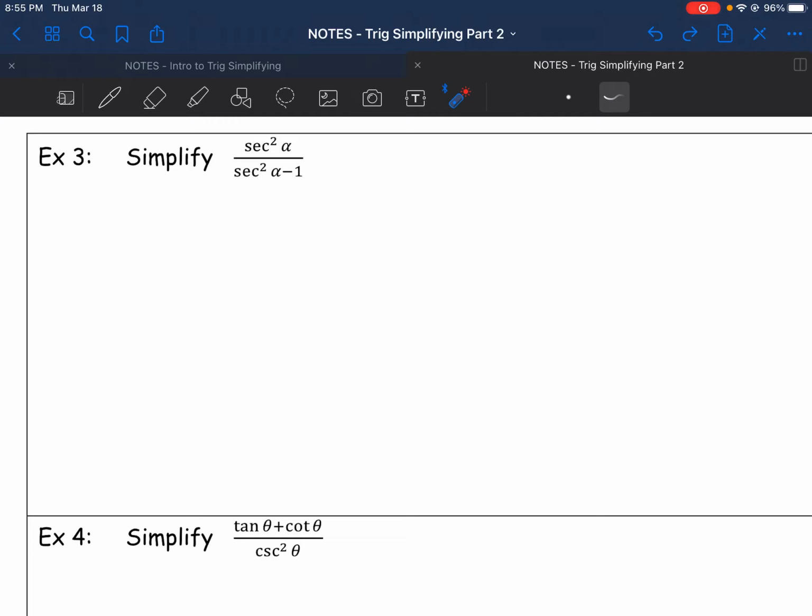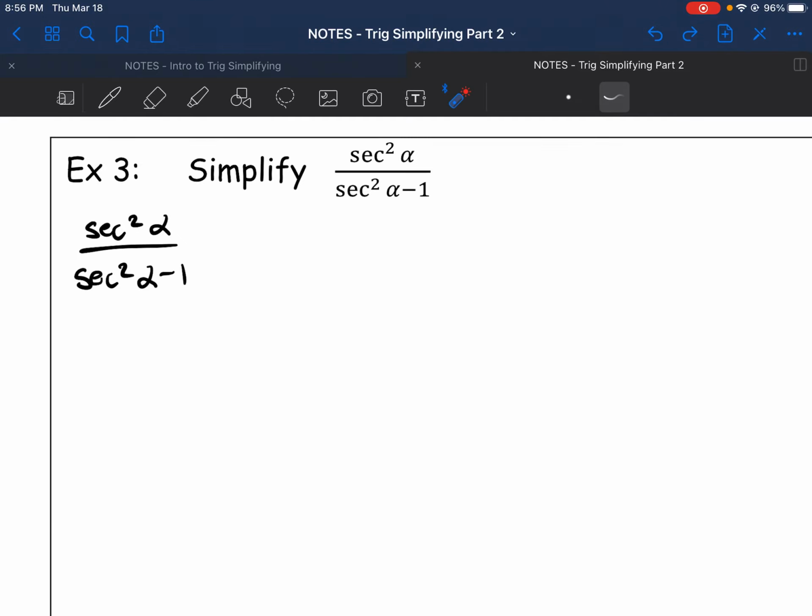But here we're starting with secant squared alpha over secant squared alpha minus 1. One thing that you want to be a little hesitant on is, over the last several examples, we've gotten used to decomposing everything into sines and cosines.